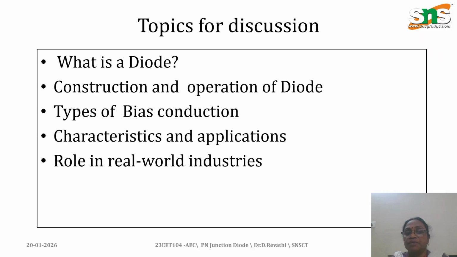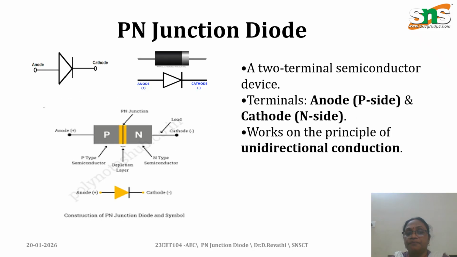We are going to discuss what is meant by a diode, construction, types of diodes, the characteristics, and the real-time industry role of PN junction diodes. This is the PN junction diode picture.